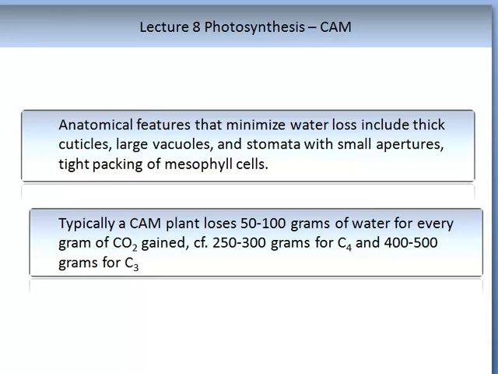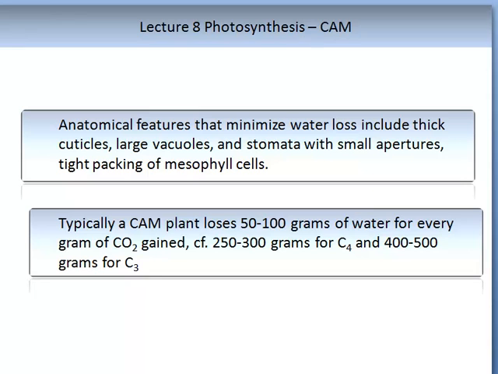Anatomical features that minimize water loss can include thick cuticles, large vacuoles, and stomata with very small and sometimes embedded apertures, and the tight packing of mesophyll cells. Typically, a CAM plant loses 50 to 100 grams of water for every gram of carbon dioxide that is gained or fixed.